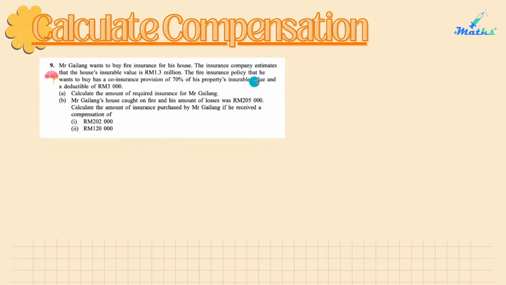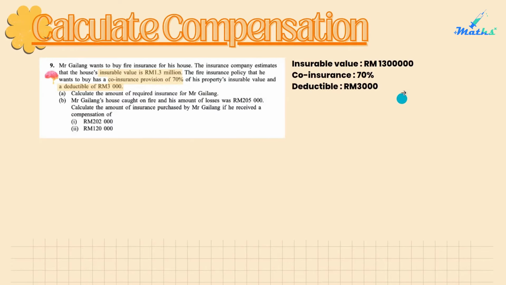The fire insurance policy that he wants to buy has a co-insurance provision of 70% of his property's insurable value and a deductible of 3,000 ringgit. So A, we need to calculate the amount of required insurance for Mr. Gailang. First, we write down the information that we need to use later.